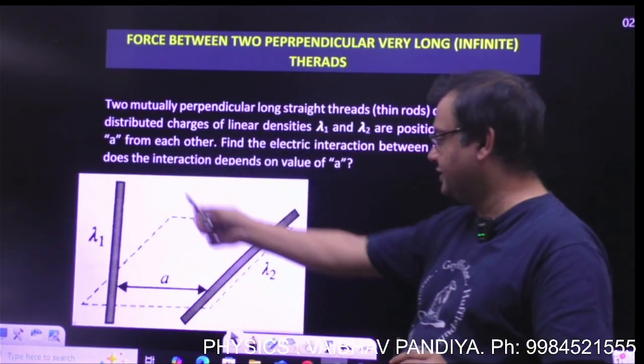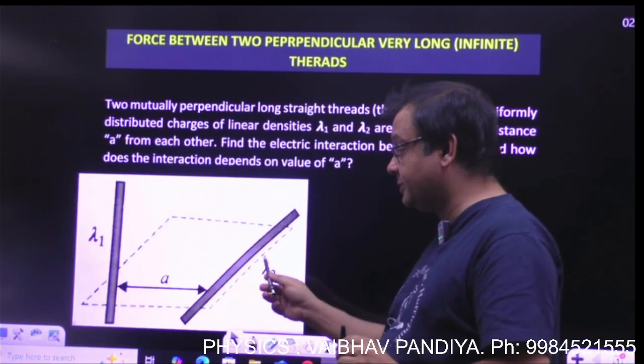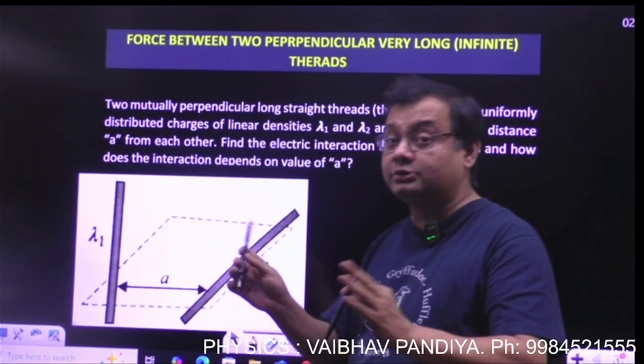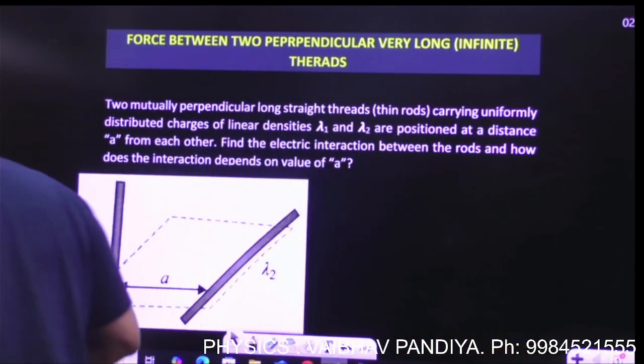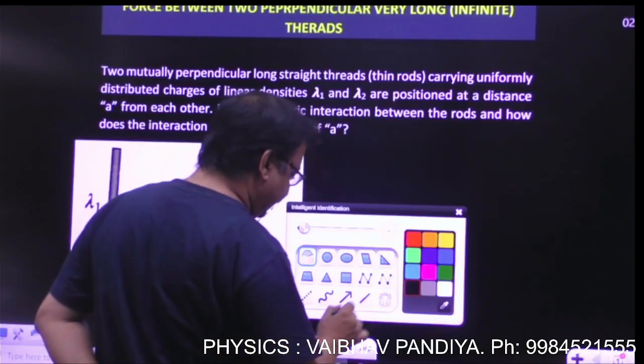So it's a 3D figure, something like this. This second rod is not exactly in the plane of the board. The second rod is perpendicular to the plane of the board. So if you make a more precise and technical figure, it would be something like this.